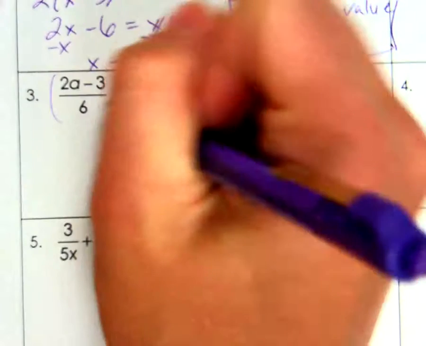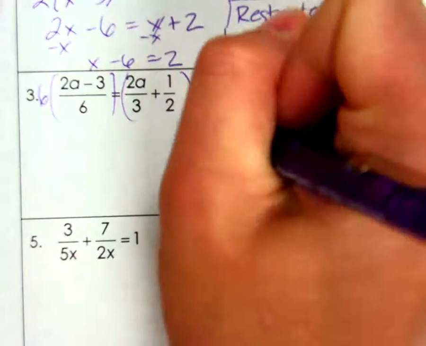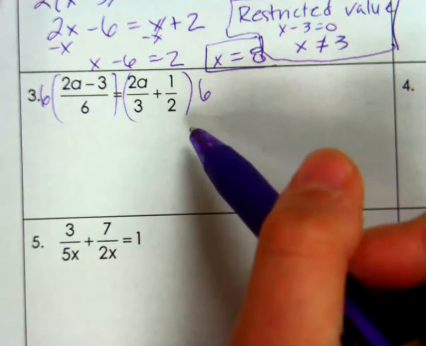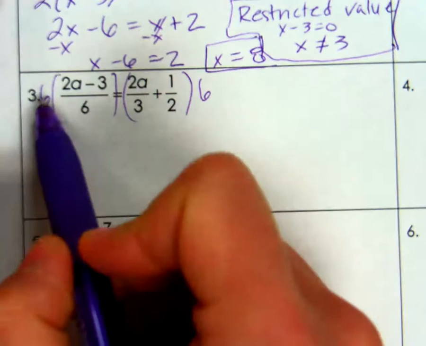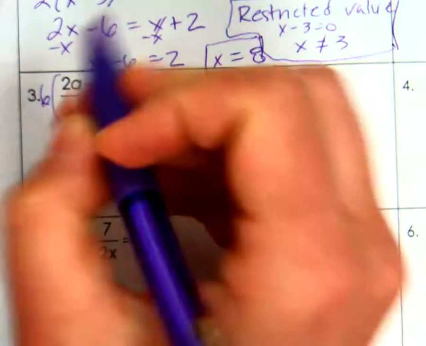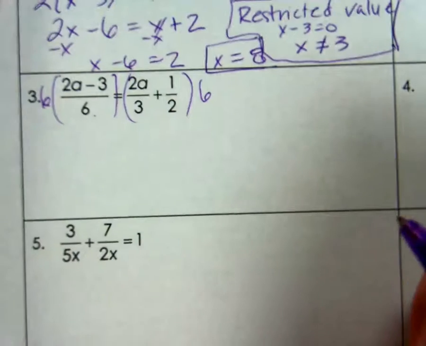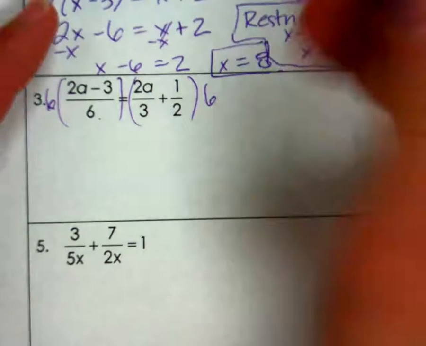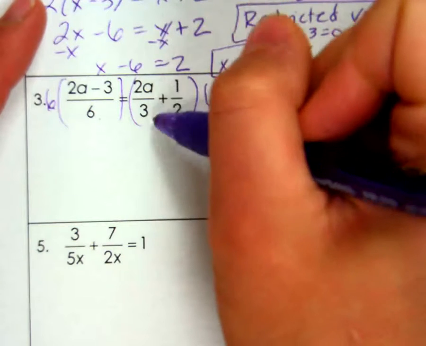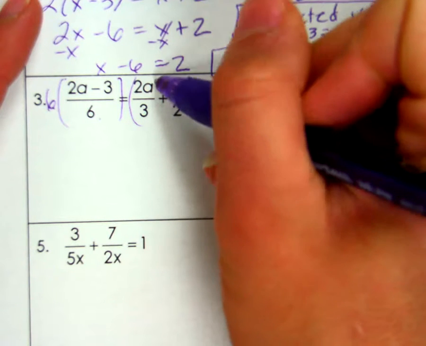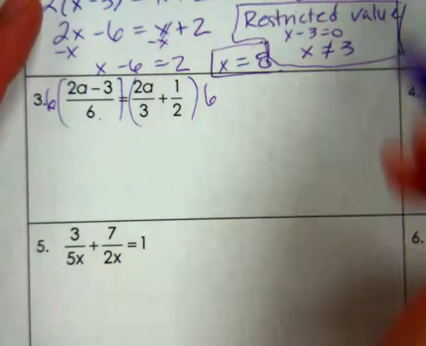I actually show it times 6, but you can simplify it a little bit so you don't have to simplify more later. So over here, if I multiply by 6, the denominator clears out. And that's technically what we're doing, clearing out the denominator. If you need to see it, you could also think about multiplying just individual terms. To make it 6, I have to do it times 2, so the top times 2.